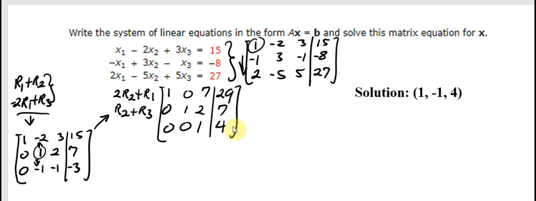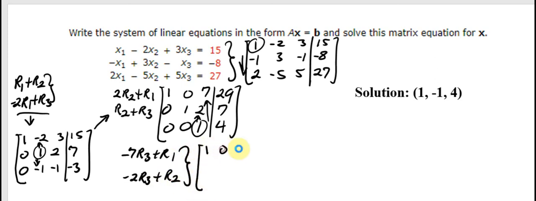Okay. So now it looks like just one more thing we need to do, and that is to come to this guy. We want to have a leading 1 there. We already have that. That worked out for us. And use that 1 to get zeros above it. So we'll say -7 times row 3 plus row 1, and then -2 times row 3 plus row 2.